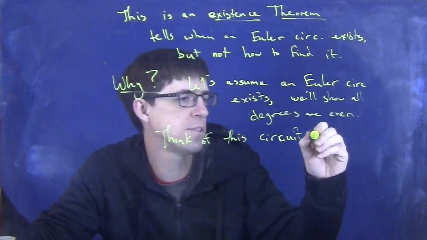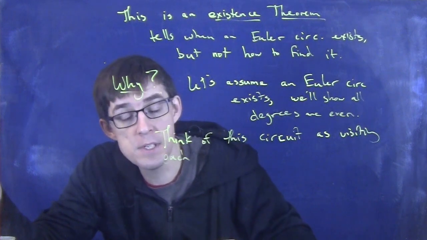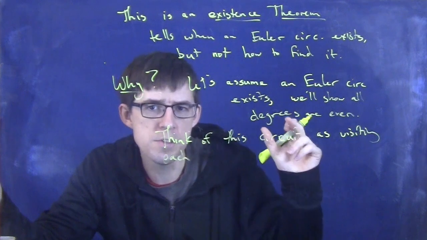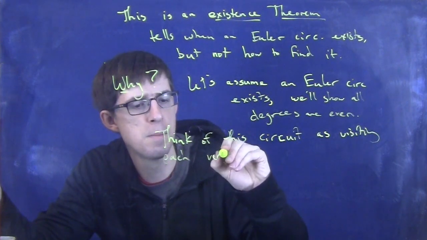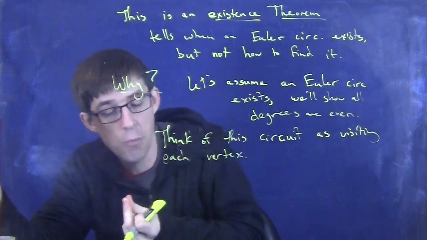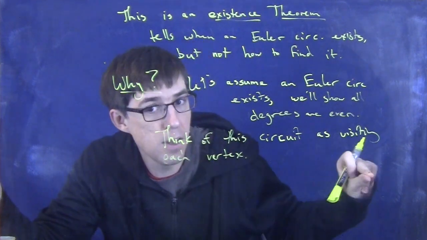All right, so think of this circuit as visiting. Of course, the point of this circuit is that it crosses every edge, but you can also think of it as just visiting each vertex one after another. And every time it visits a vertex, of course, it arrives at that vertex along one edge, and then it has to leave again along some other edge.